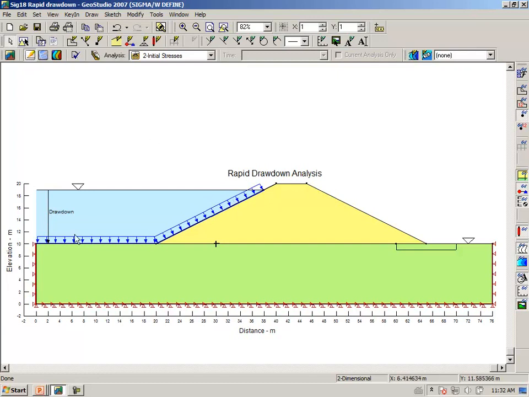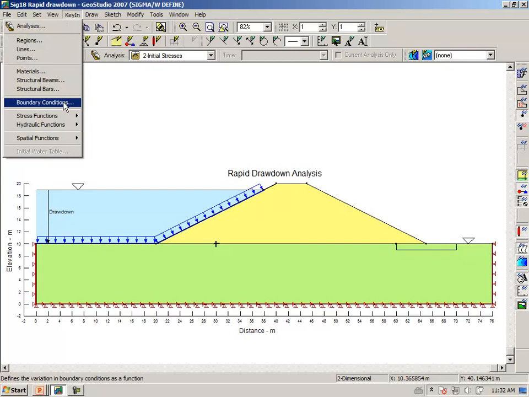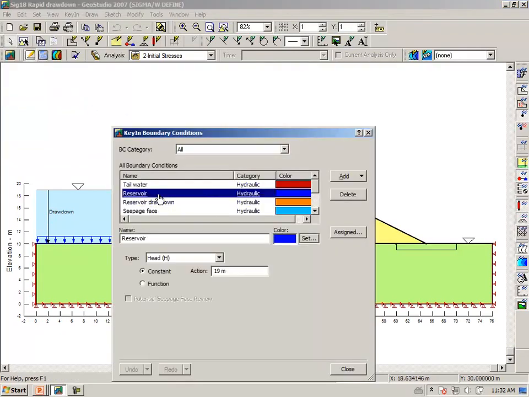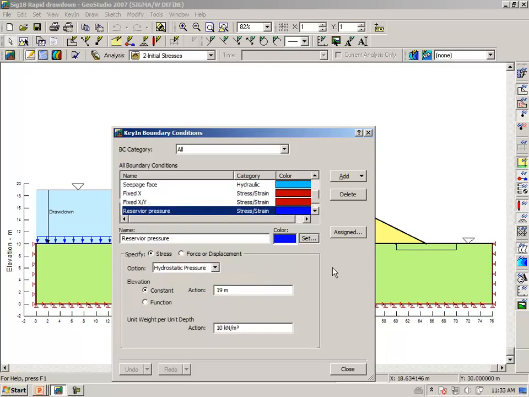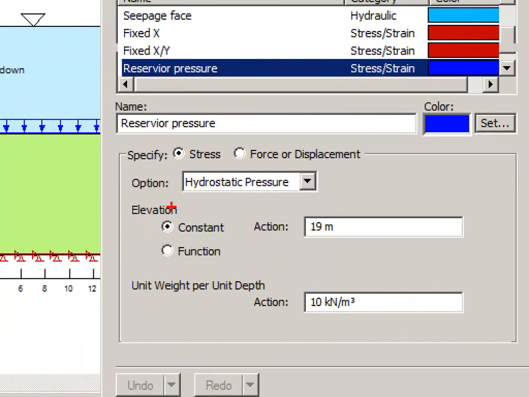So you can see that we have a boundary condition here, the dark blue arrows. The boundary condition has been created here and is called reservoir pressure. What is significant about this boundary condition is that it is a type under the category of stress.